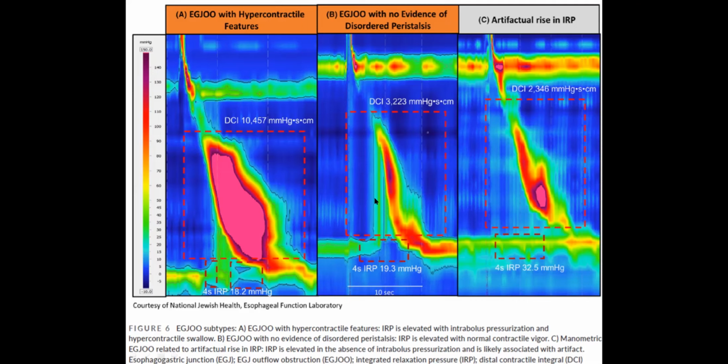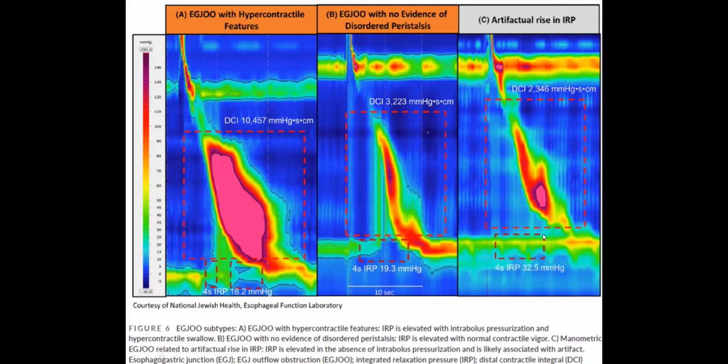The second example shown here is EGJ outflow obstruction, but again, there's no disorder of peristalsis. The DCI looks pretty normal, and the only abnormality you see is this stiletto pattern that you can see here.